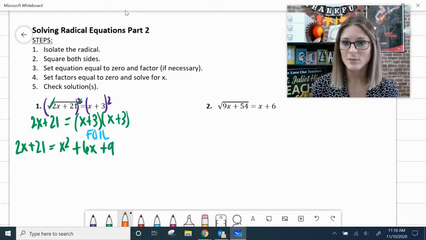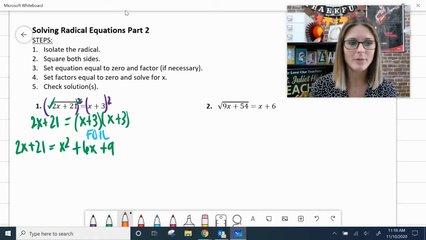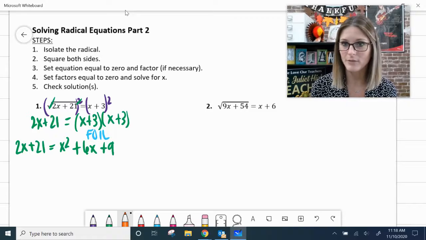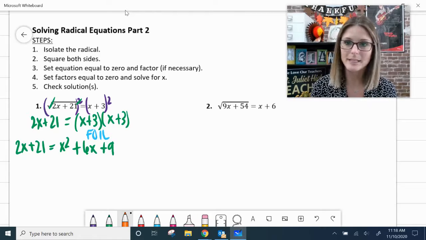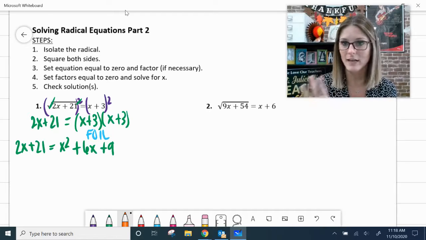So we have squared both sides. We did step 2. We're ready for step 3. Set the equation equal to 0. Look at what we've got going on. We've got a quadratic. We've got an x squared, but we've got our terms everywhere. So we need to set it equal to 0. Get everybody together on one side. Since my x squared is on the right side and it's already positive, I'm going to use that. I don't want to move it around and make it negative. Stay with the right side.